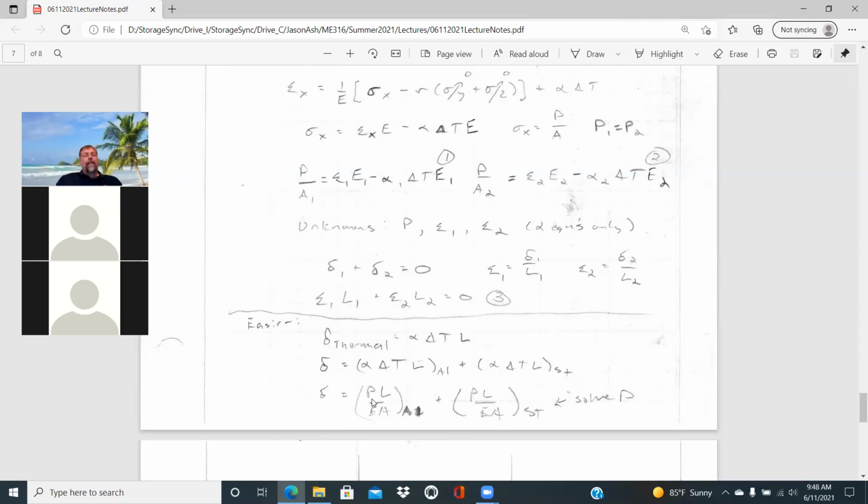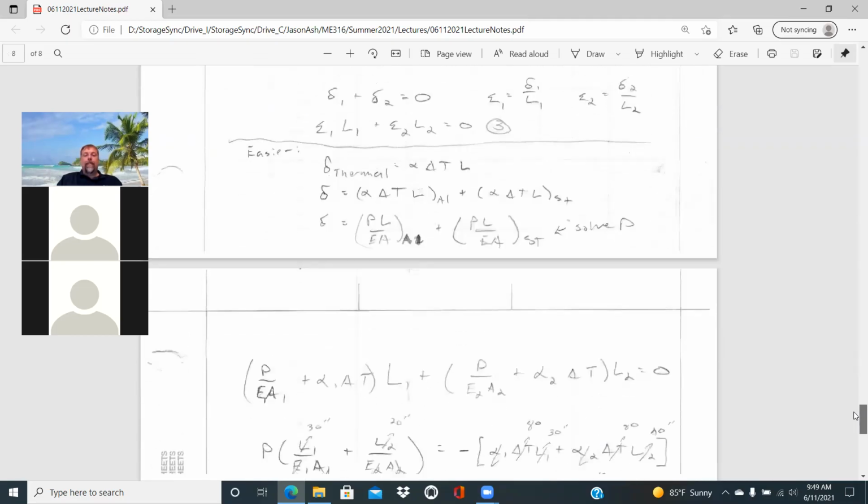And so for this statically indeterminate situation involving thermal stresses, instead of solving a system of three equations, three unknowns, we can solve one equation by itself, get a value out, and then solve the second equation, one equation, one unknown, which is an easier solution method.